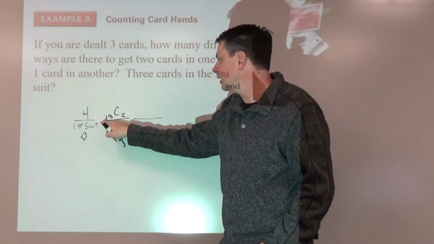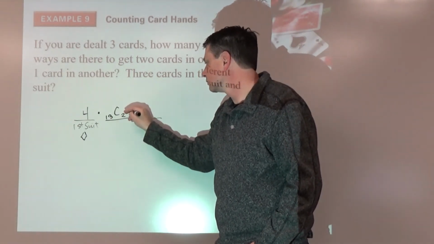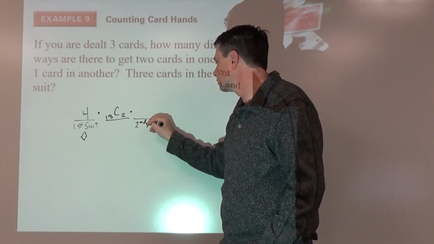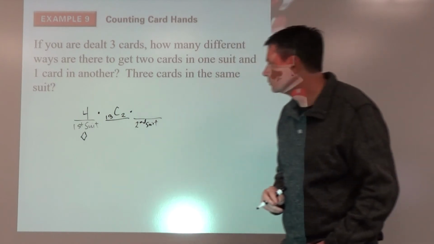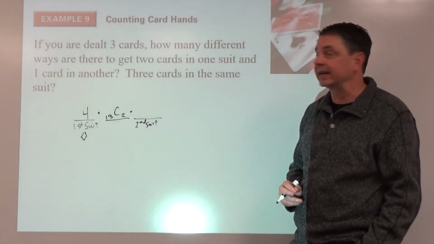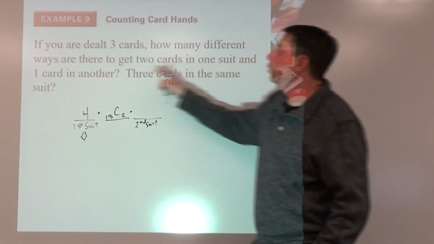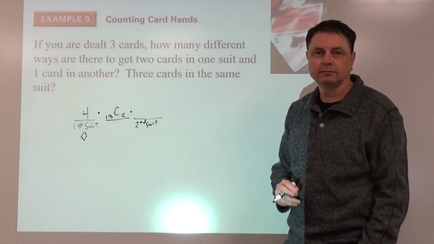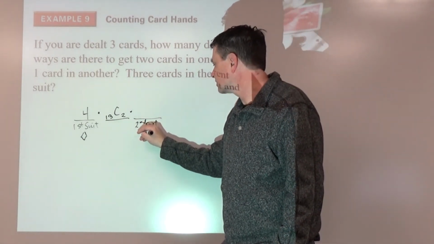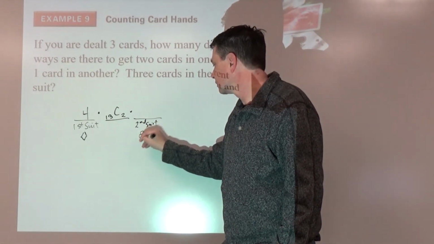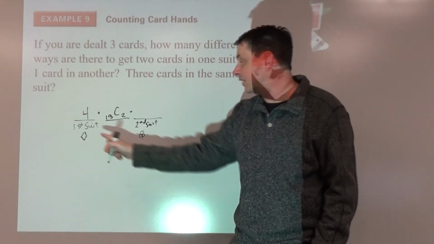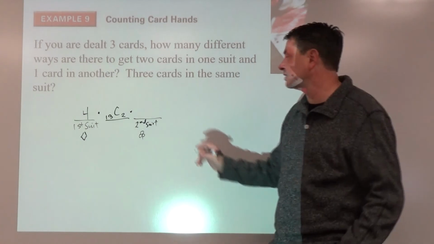So we've got that taken care of. Now we need to get our second suit. How many choices do we have for our second suit? Because we have to get 1 card that's in another. Say it's clubs. So there's 3 choices left. If diamonds are out, there's 3 choices left.